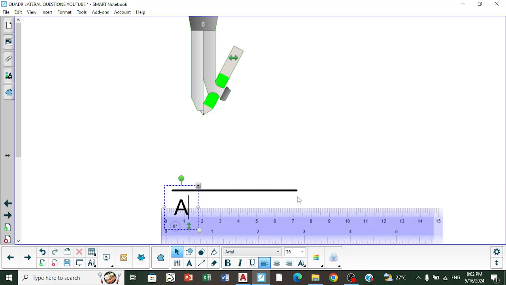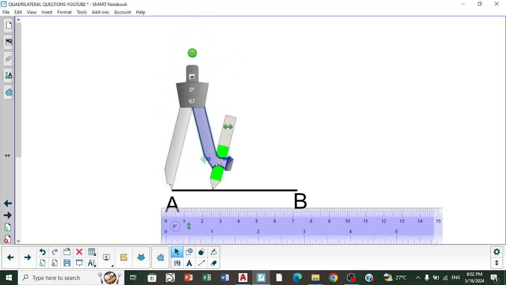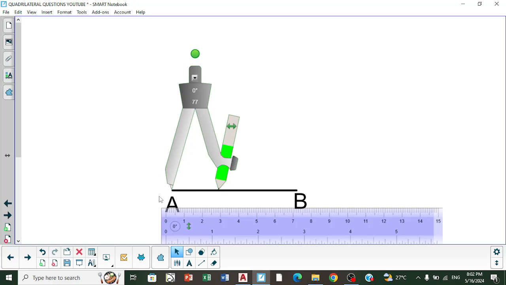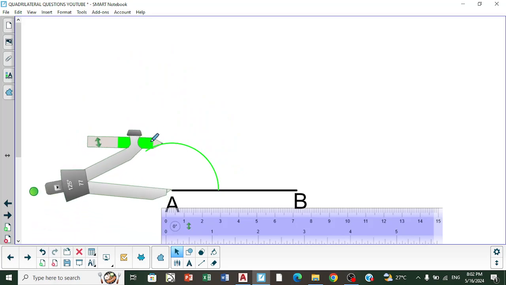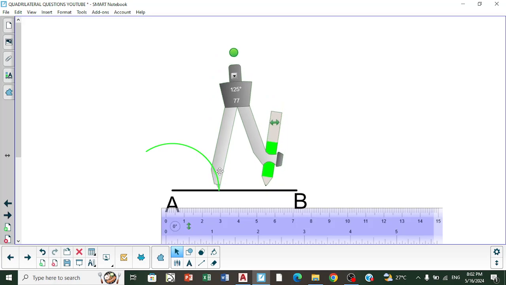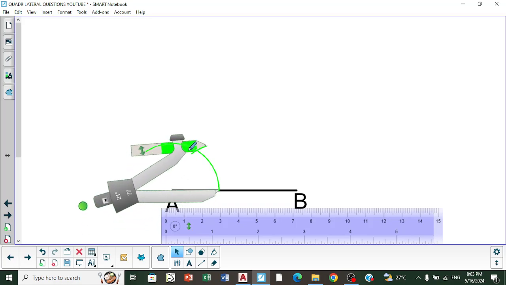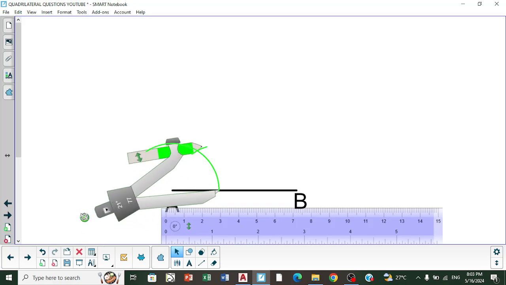This is going to be A. This is going to be B. Based on the question, at A is 60 degrees. So I open my compass to any distance on the line AB and I inscribe an arc. I then move, without altering the distance of my compass, to the point where the arc touches the straight line AB. Draw another arc. This arc here is going to give me 60 degrees.